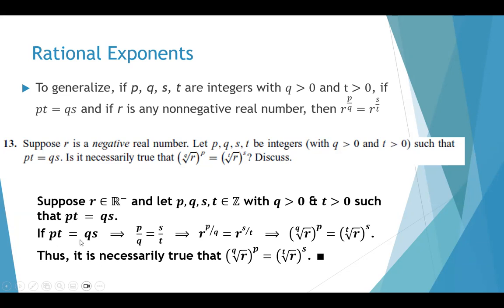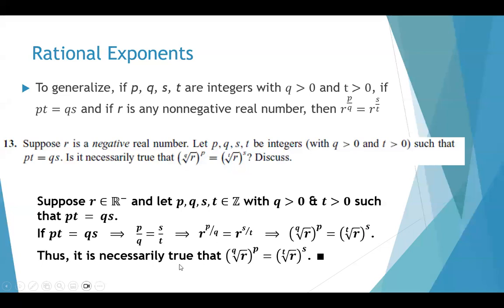And then we can say, if pt equals qs, then we can divide this side by q and this side by t. So we end up with p over q is equal to s over t. If r to the power of p over q equals r to the power of s over t, this is the qth root of r to the power of p, which is equal to the tth root of r to the power of s.